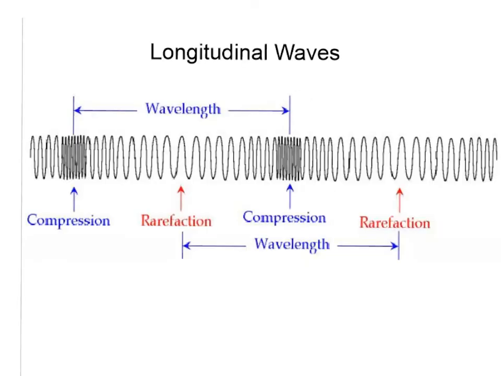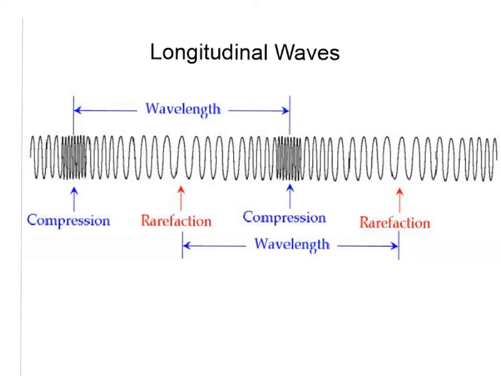Now let's look at what longitudinal waves look like and what the different parts of a longitudinal wave are called. We have the area that is called the compression area. It's the more dense region of the longitudinal wave. And then there is the less dense region called the rarefaction.